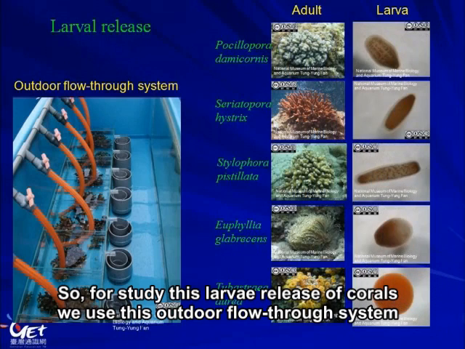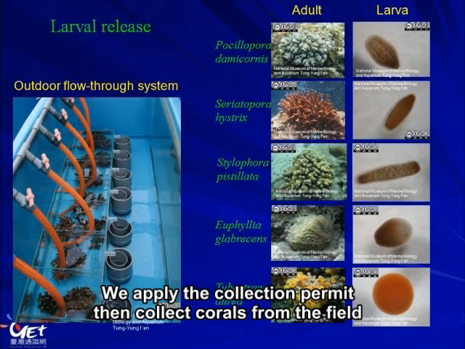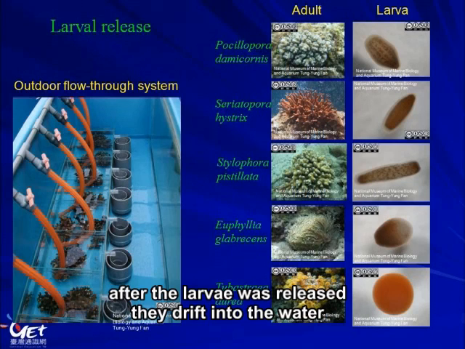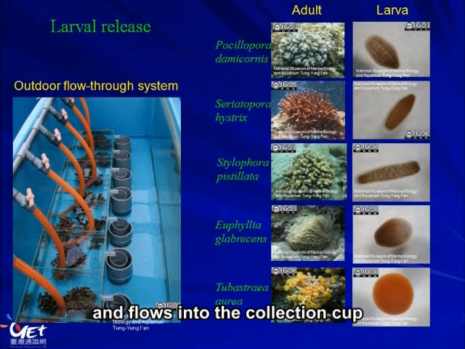To study larva release of corals, we use this outdoor flow-through system. We apply for a collection permit, collect corals from the field, transport them to our museum, then put them into this flow-through system. After the larvae are released, they drift in the water and flow into the collection cup.